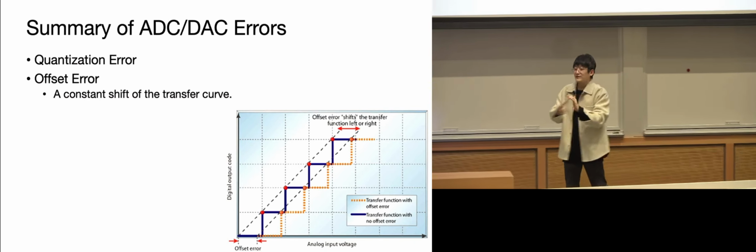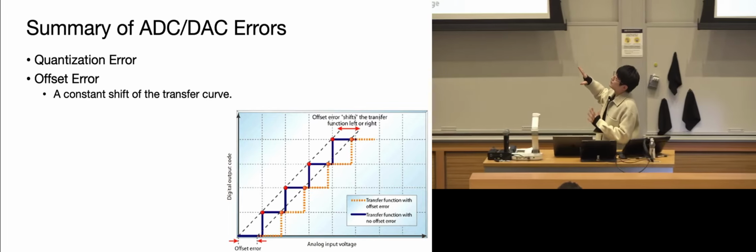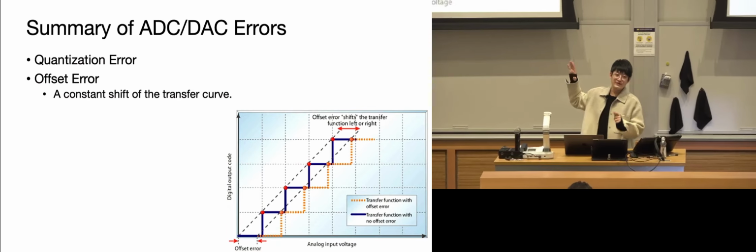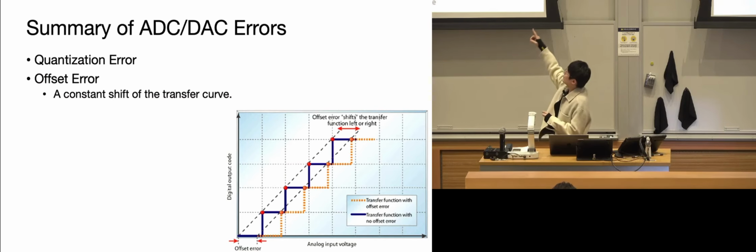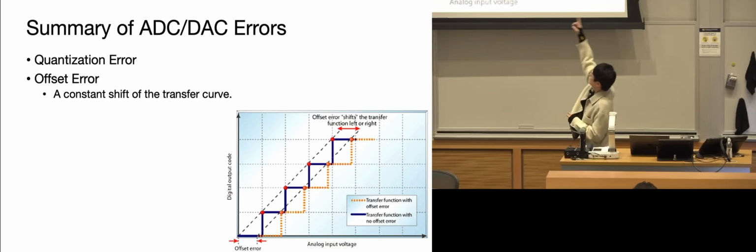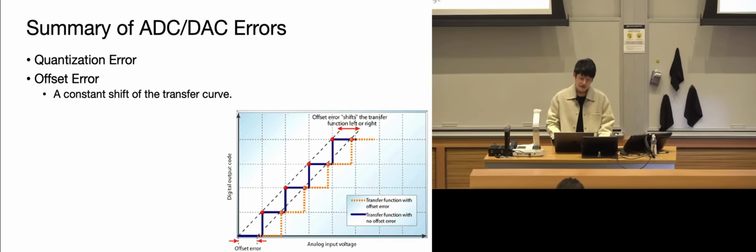I realized that in the previous lecture on Tuesday, some of the figures were a little bit confusing, so I updated the figures. I updated the previous slides as well, so the one you see on the class website is also updated. So essentially, it's a shift of the transfer curve.